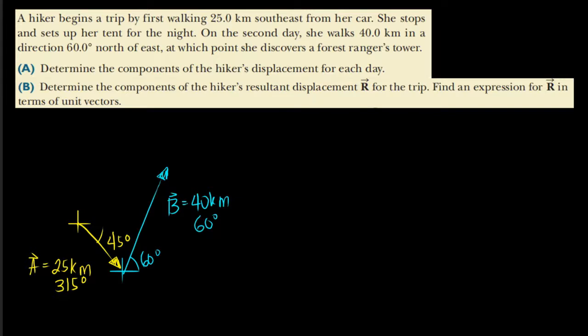Now the resultant should look like this, from the head of the second vector to the tail of the first vector. This is the displacement of our hiker. This is the resultant. Because of this, guys, this graphical representation of our vector problem is called the head-to-tail method.